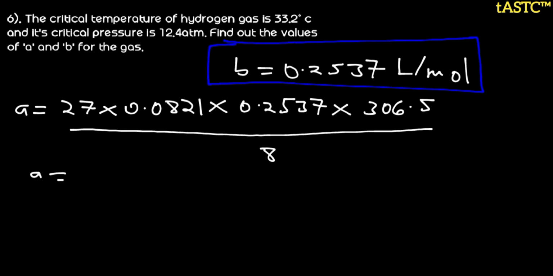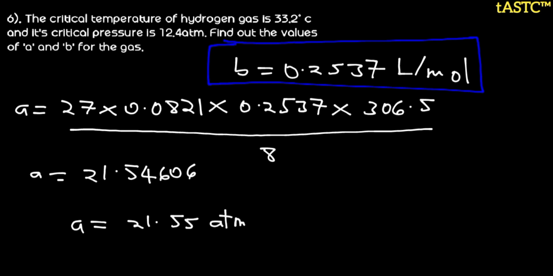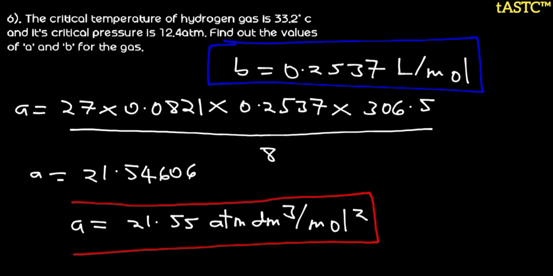A is equal to 21.54606. So approximately we should have 21.555, and this is going to be atm dm raised to the power of 3 per mole squared. So this is going to be the other constant that we're looking for.